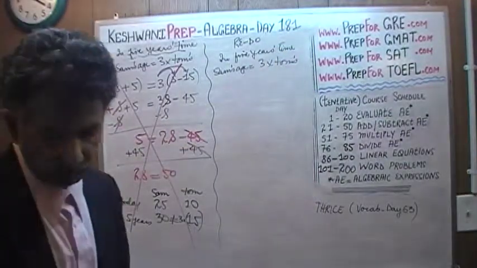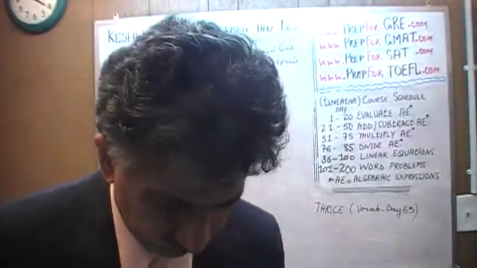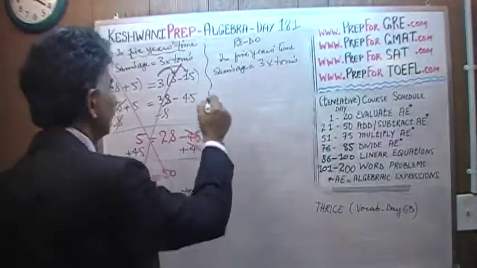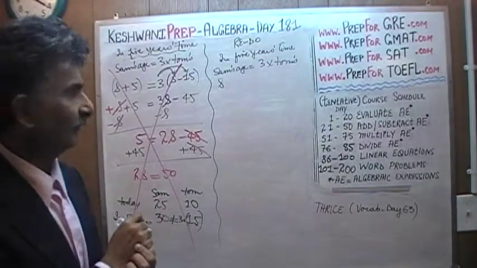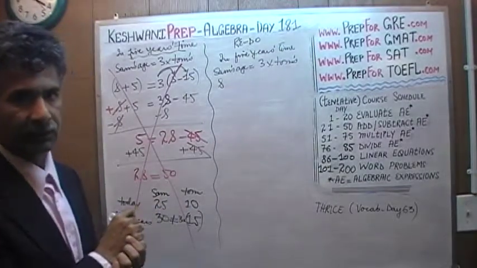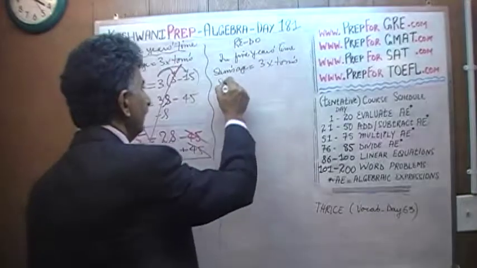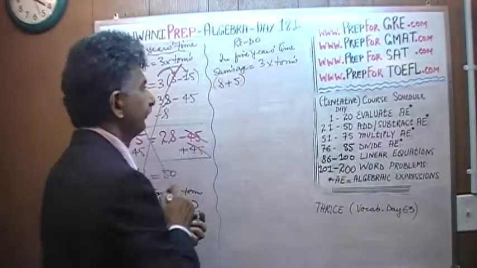The question is, what is going to be Sam's age in 5 years' time? Well, Sam is S years old today. We said that in the beginning. We pretended that Sam's current age was S. If Sam's current age is S, then in 5 years it will be 5 more.